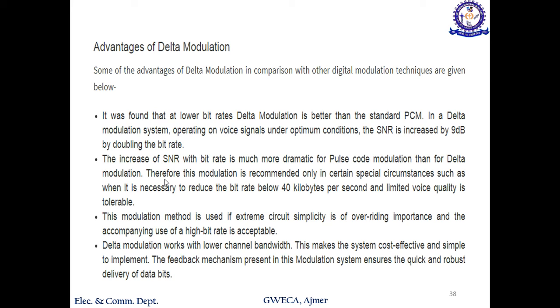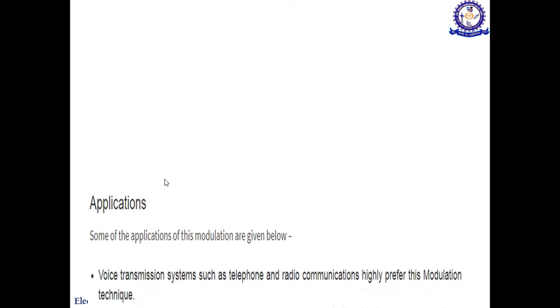So the bandwidth requirement is low because in PCM we have to send 3 bits, whereas in delta modulation we have to send only a single bit. So the system is cost effective and simpler to implement. The feedback mechanism present in the modulation scheme ensures quick and robust delivery of the data.